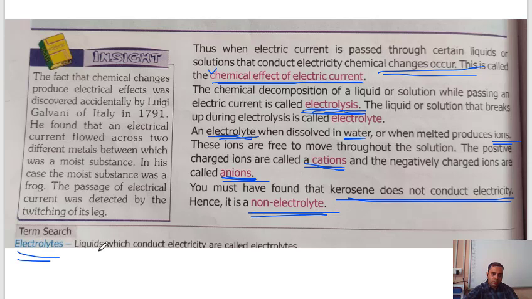Liquids which conduct electricity are called electrolytes. It should be in liquid form. Any liquid through which electricity can pass is called an electrolyte. You can consider it as a conductor. A conductor is something through which electricity can pass. So if it is a liquid which conducts electricity, that is called an electrolyte.